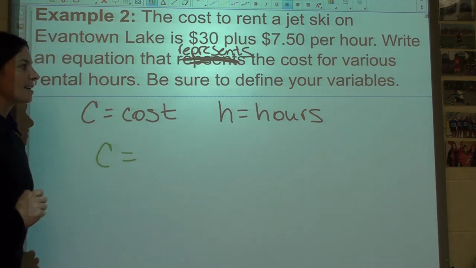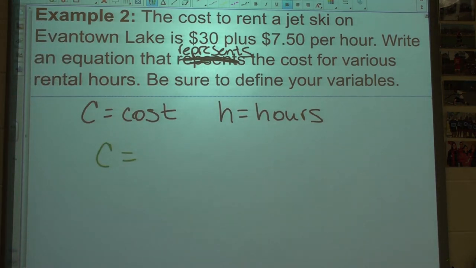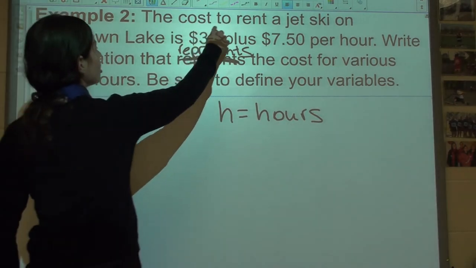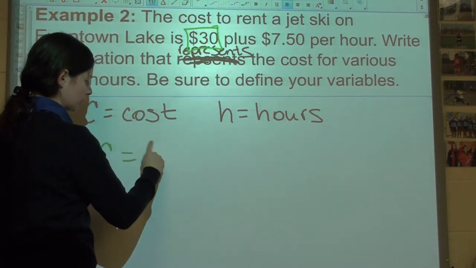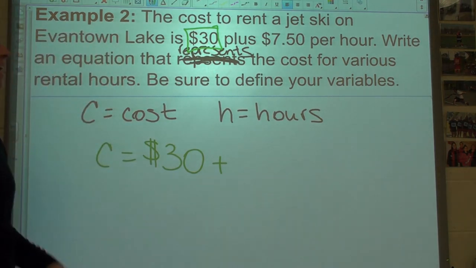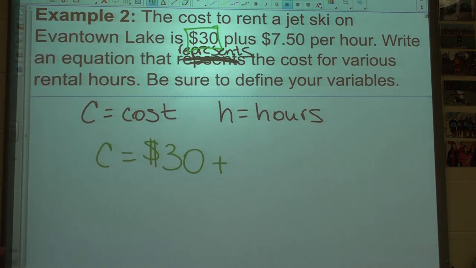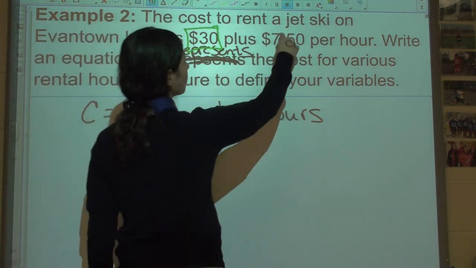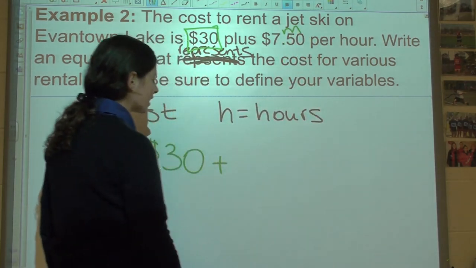So the first thing you have to ask yourself is how much is it going to cost no matter what? Whether I rent it for an hour, 2 hours, 5 hours, 100 hours, I have to pay $30 to start. So I've got $30 here. Plus, I have to pay additionally for every hour I have it out. So this is our slope, or our rate of change.